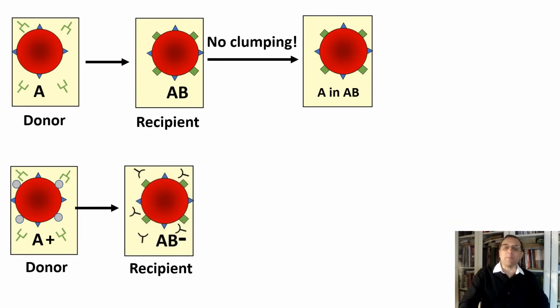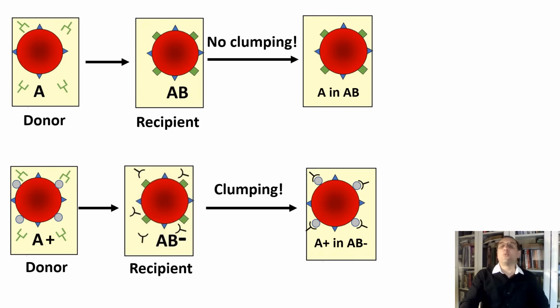Will there be clumping or no clumping? Pause video if you have to. There will be clumping or agglutination. So A rhesus positive blood types should not be mixed with AB rhesus negative blood types. This is because AB rhesus negative recipient will form antibodies against the antigen of the donor.